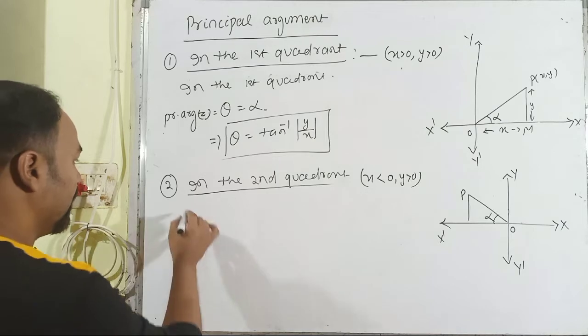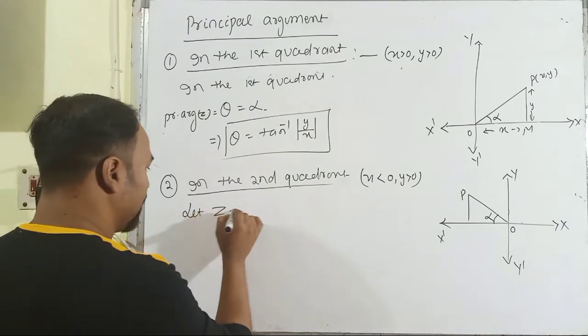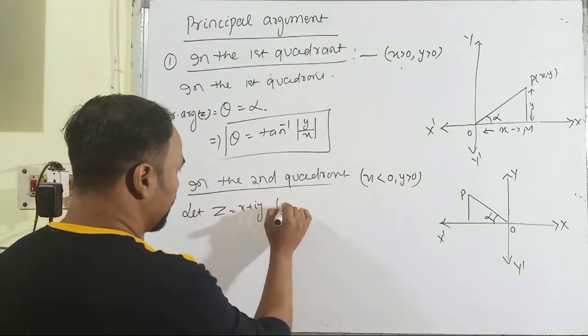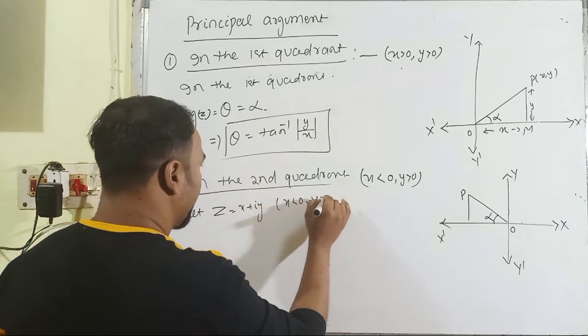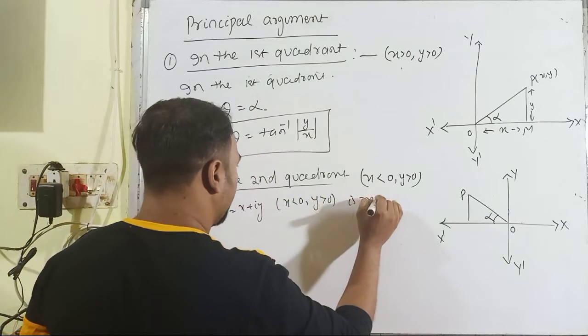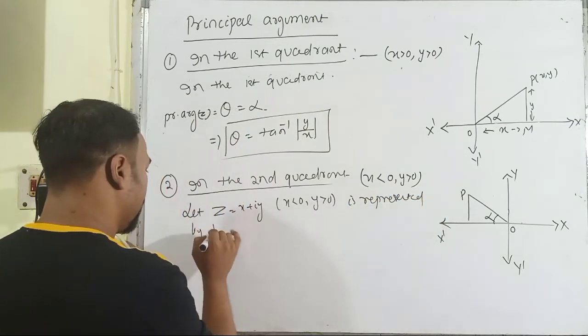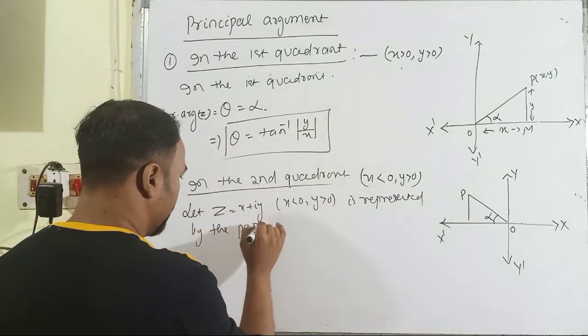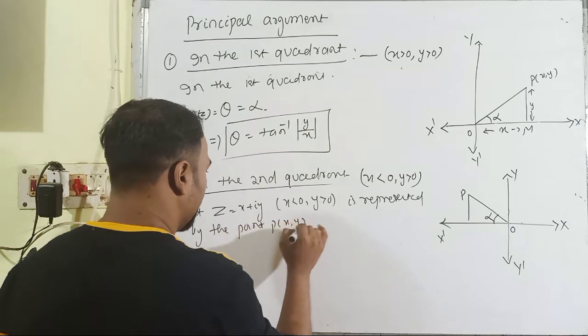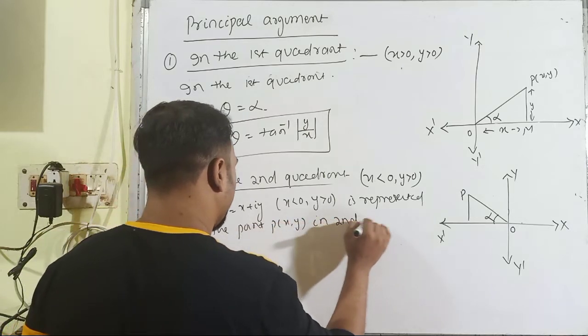Here OM is x and PM is y. But let z is equal to x plus iy, where x less than 0, y greater than 0, is represented by the point P(x, y) in the second quadrant.